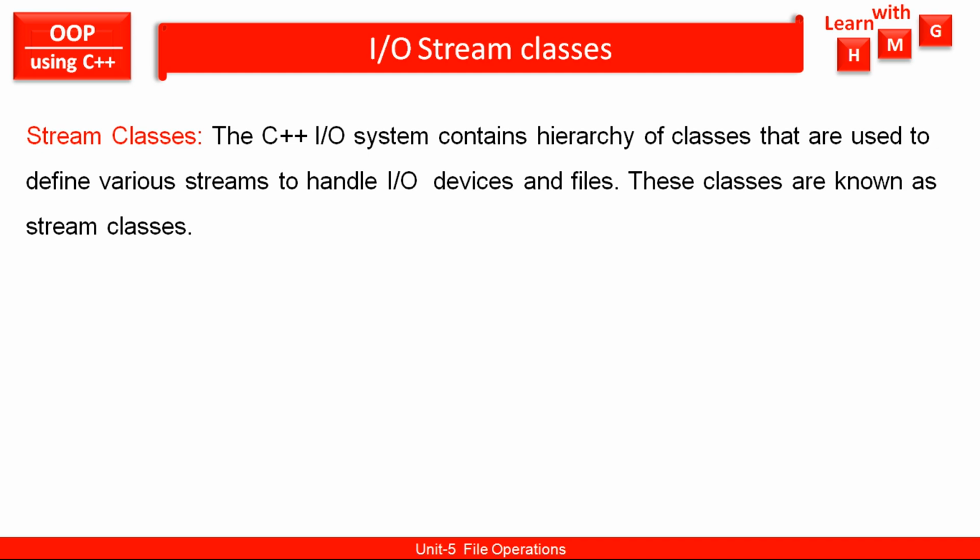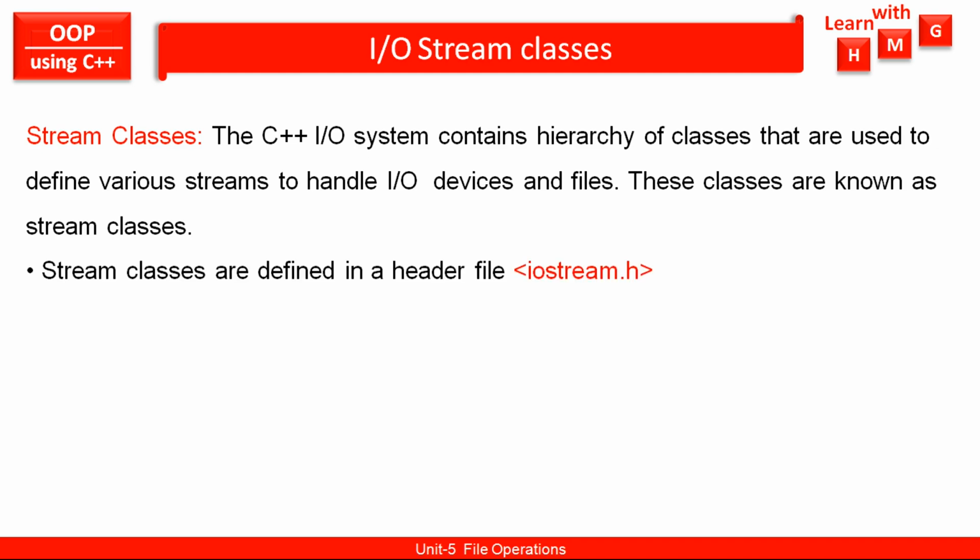Whatever diagram we have seen, all these are called stream classes. The C++ IO system contains a hierarchy of classes that are used to define various streams to handle IO devices and files. These classes are known as stream classes. Input stream and output stream are the two streams used to handle input devices and output devices through a C++ program.